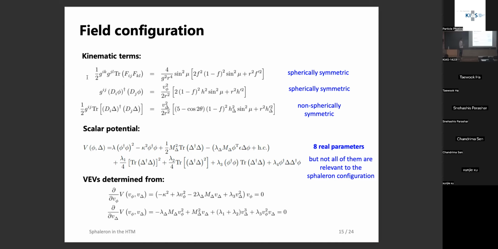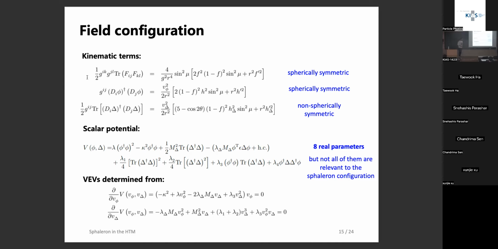So there are in total 8 real parameters in the scalar potential. But later we will see that not all of them will participate in the Sphaleron configuration, which means not all of the parameters in the scalar potential have a connection with the baryon number violating process.